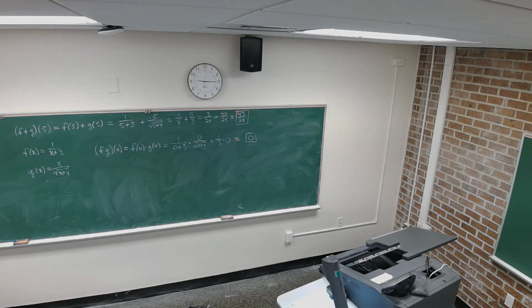The SO2 from burning oil are given by g of x. So the amount of SO2 from burning oil in 1860 was 0 million tons, and the amount of SO2 emitted in 1970 from burning oil was 17.6 million tons. Okay. Estimate f plus g of 1970 and interpret your answer.